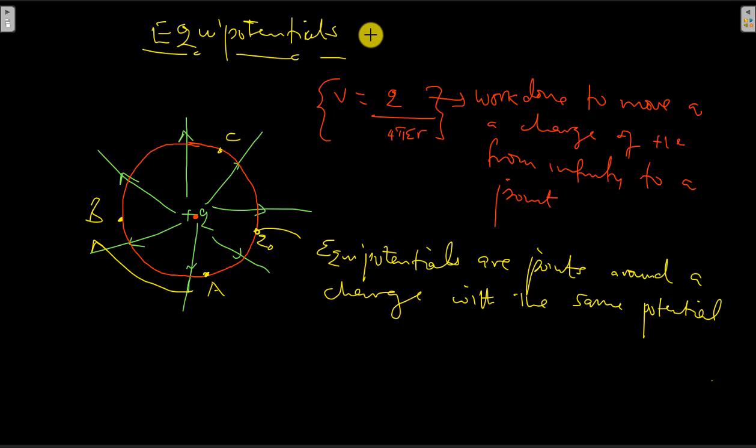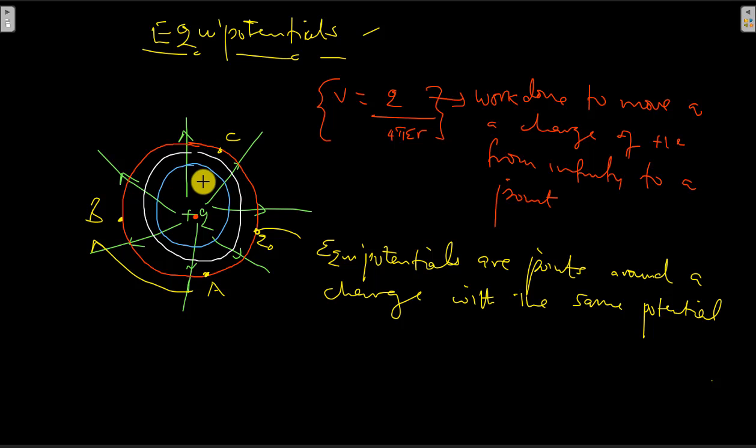Now, equipotentials can be of different sorts. We could have equipotential lines, for example. This concentric circle here can be considered an equipotential line, because all points on it have the same potential. If I draw another circle of a smaller radius, this is also an equipotential line. If I draw another line, that's also an equipotential line.